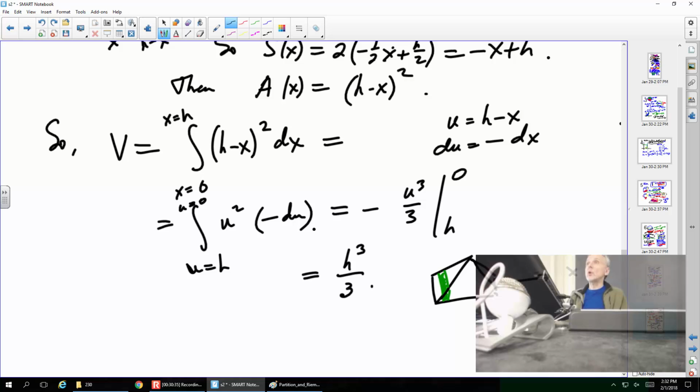Not a rhombus, but it will be a quadrilateral, right? So that plane will cut the surface of the pyramid and produce four edges: the bottom of the base, the top of the slope, and two slopes on the side. So it's what? A trapezoid. So the cross section looks like this.